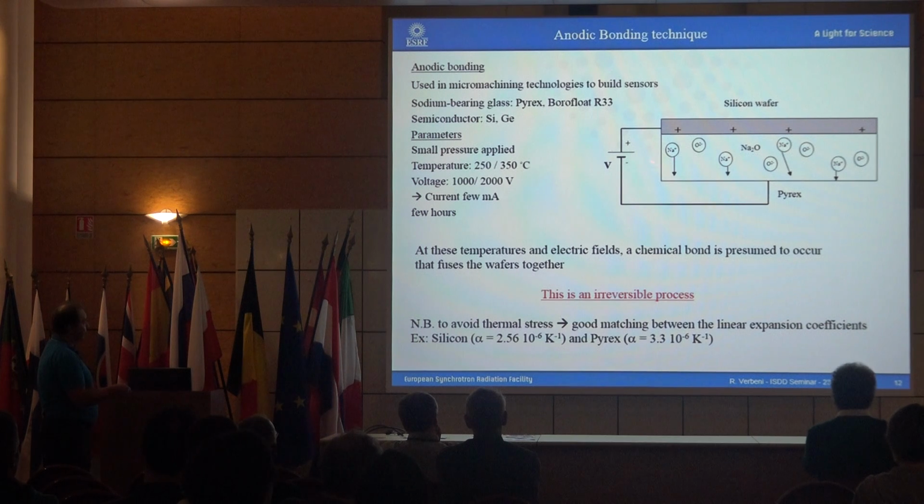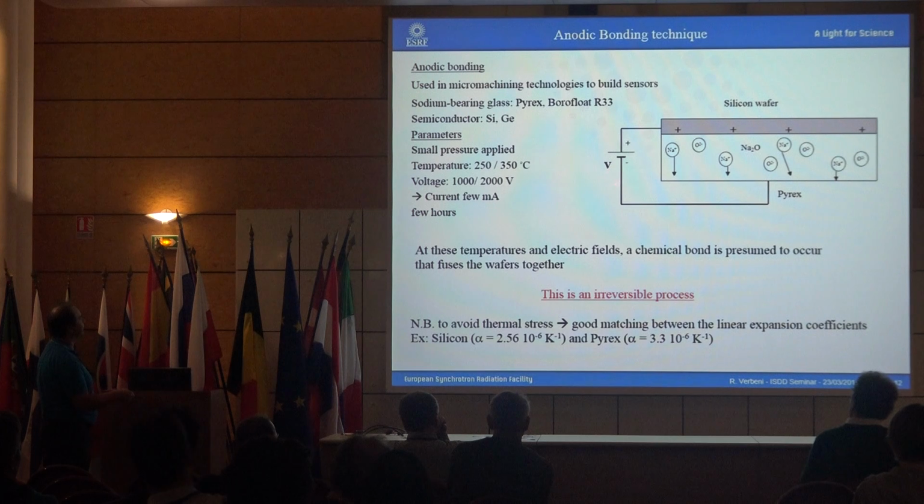At this temperature, you increase the mobility of the ions. You apply the voltage, with a value between 1,000 and 2,000 volts. You have a current of a few milliamperes. During this period, the sodium ions move to the cathode, and the silicon leaves some positive charges on the interface.